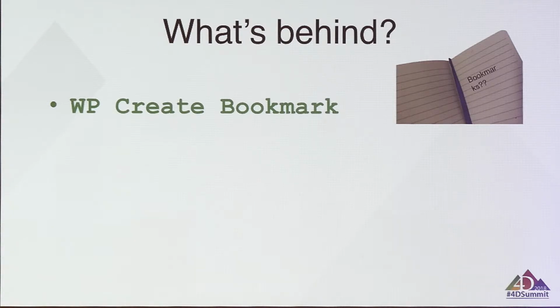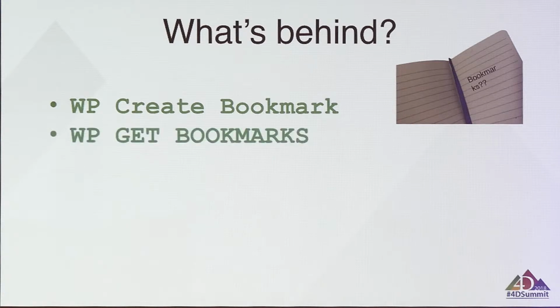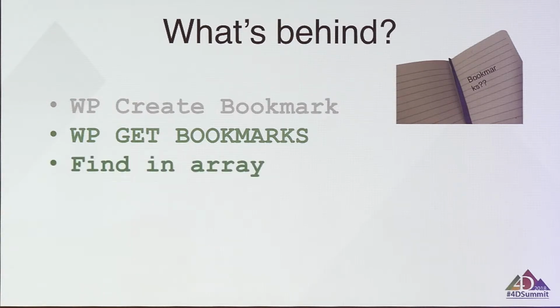Afterwards, we can use WP Get bookmarks to get an array of every bookmark we have created. These are 2 new commands, and something everybody of you knows, Find in array. We use Find in array to search for the part, in the first case the header, and then for the invoice lines and the other parts of the invoice.